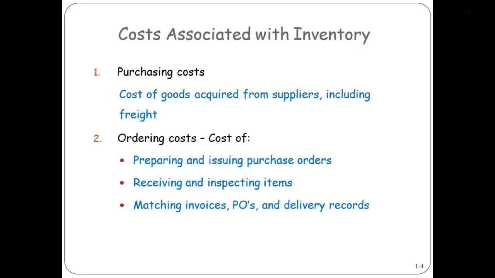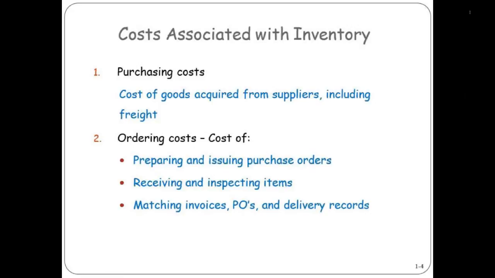So what are some of the costs that are associated with carrying an inventory? The first and most obvious one is the actual cost of the inventory, the goods. The second are costs associated with the ordering process. Each order, you have to issue and prepare a purchase order.